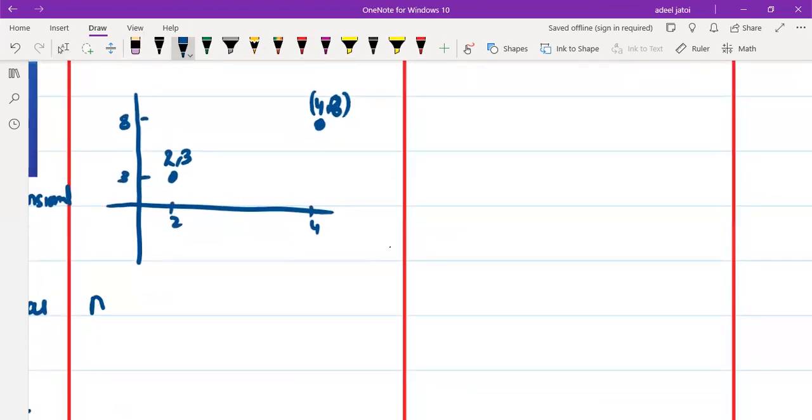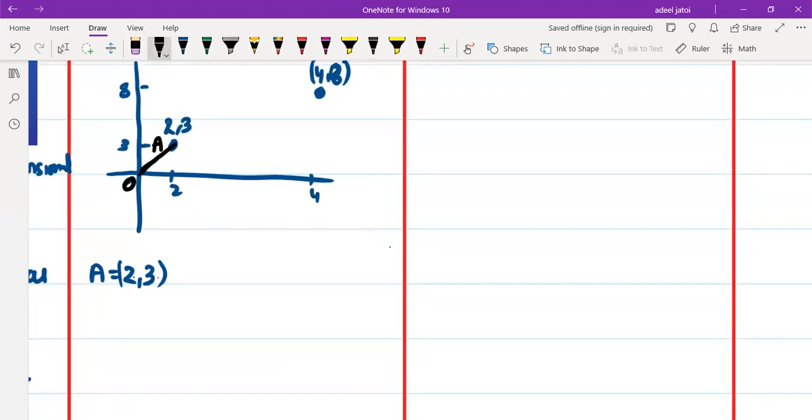Your A is 2, 3, with respect to the point of X and point of Y. But if I want to show it through O, O means the origin.